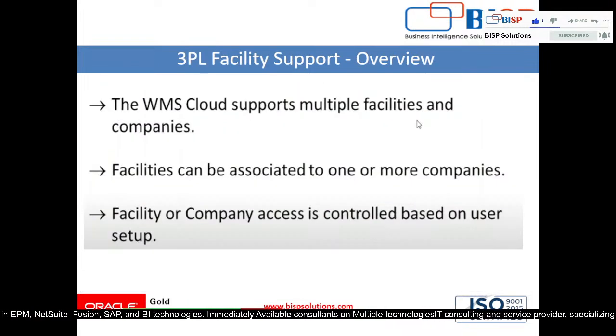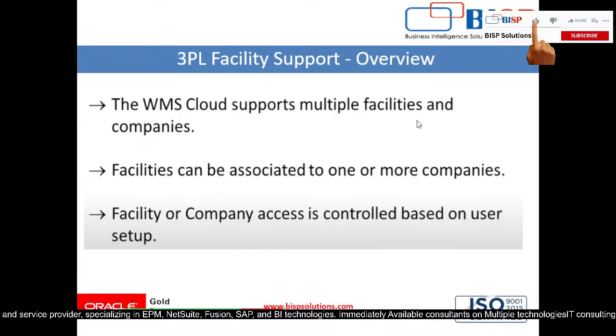And we have the 3PL facility support, right? 3PL is nothing but third party logistics. The warehouse systems cloud supports multiple facilities and companies. You can support multiple companies with your warehouse. A facility can be associated with one or more companies, so within a facility you can have multiple companies.